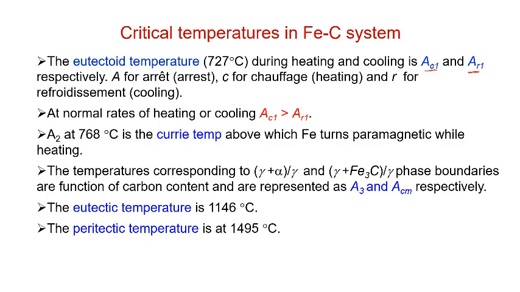Okay. There is some meaning to it as to why it is written in that form, these three terms. These are basically French, and the meaning of these are as follows, what you could see on the slide also. A stands for arrêt, or arrest, because you are heating or cooling, so at that particular temperature, you are encountering something. So, it is kind of an arrest over there, where a transformation is occurring. Okay. So, that is what A stands for, and then C is for heating, which is this term chauffage, which means heating.